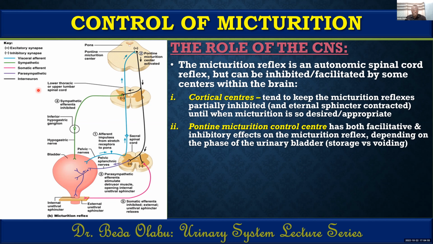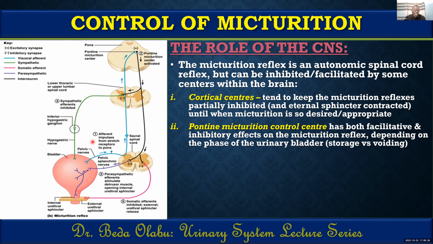Now let's look at it this way. Let's say that the bladder has filled now to a point that somebody needs to void. We will have sensations from the urinary bladder wall indicating that the bladder wall is stretched. So we have stretch receptors from the urinary bladder that carry that information to the spinal cord and eventually to the pons.